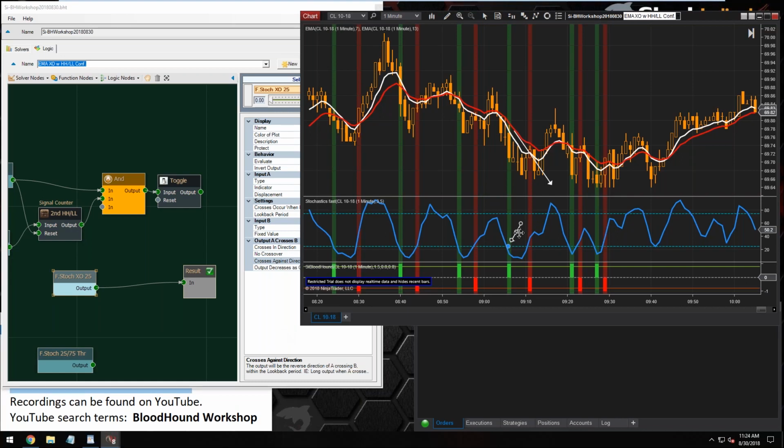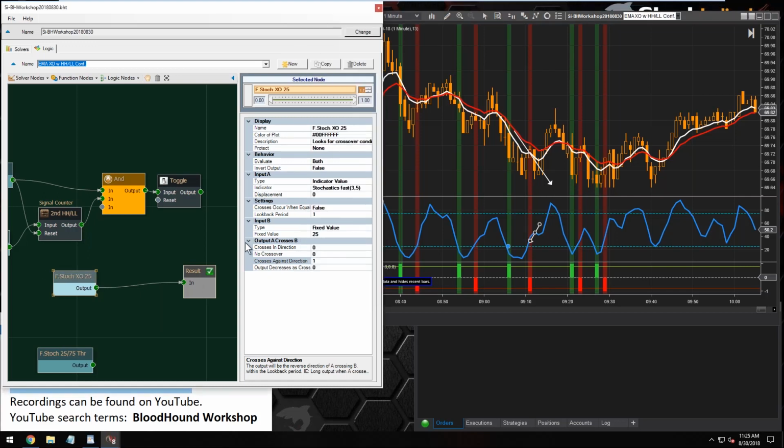And let's see, we're not interested in the cross up, right? We're not interested in a short right there when the stochastic crosses up. We're interested in a short when the stochastic crosses up across the 75 level. So we want to get rid of this short output here. And to do that, we can use the evaluate.